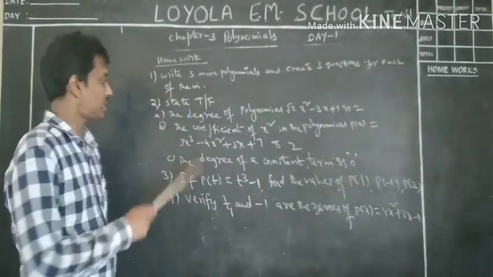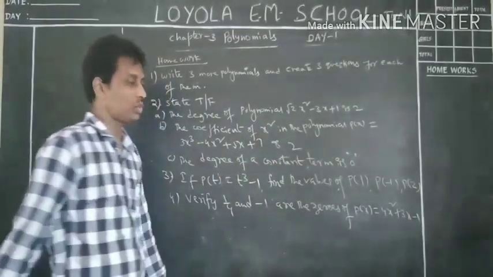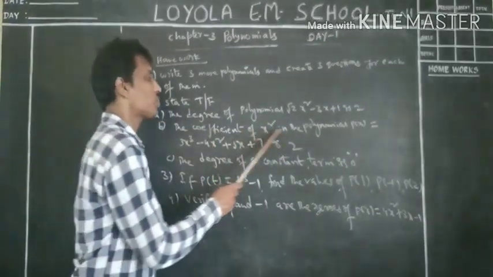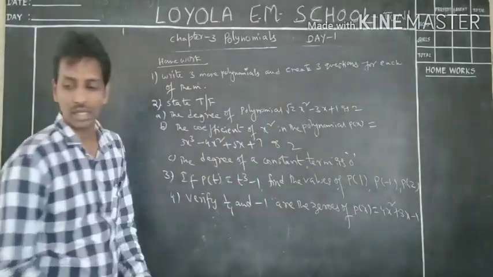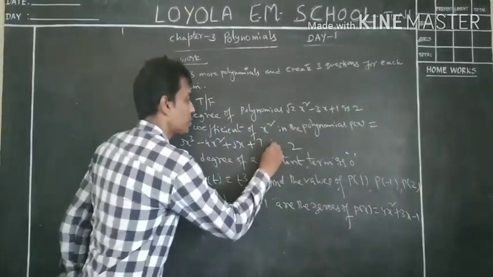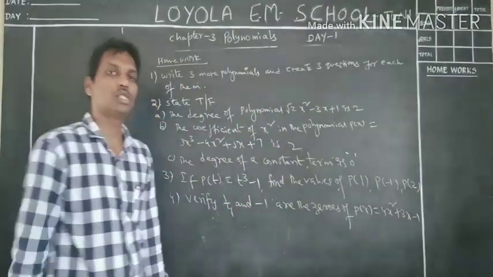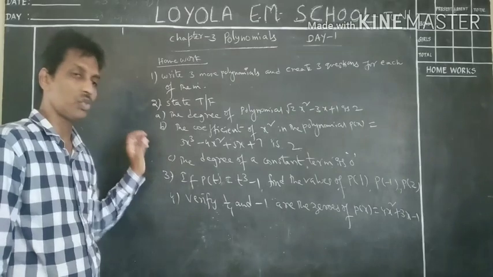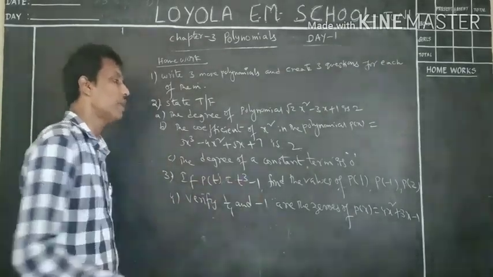State true or false. The degree of this polynomial is 2. The coefficient of x square in the given polynomial is 2 or not. The degree of a constant polynomial is 0. For these 3 questions we are asking you to write whether it is true or false. P of t equal to t cube minus 1.